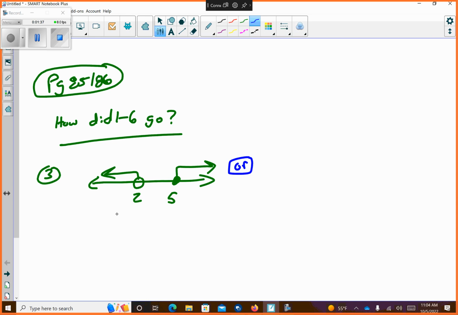So, write the inequality. I'm going to say that x is less than 2. X is greater than or equal to 5. Now, key on this, my friends. We said this was what kind of problem?